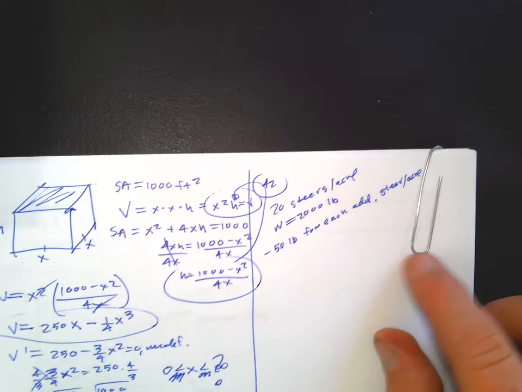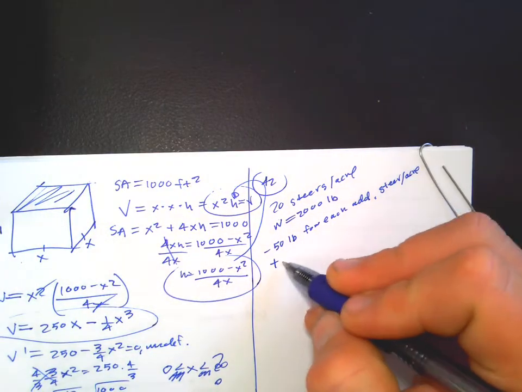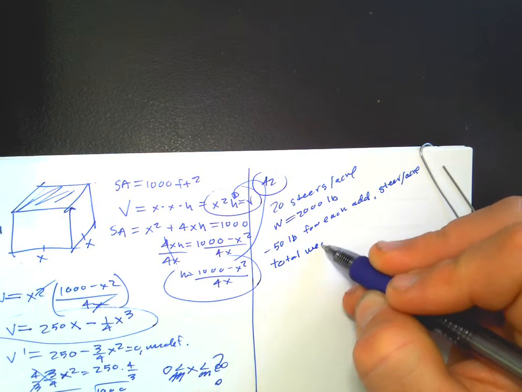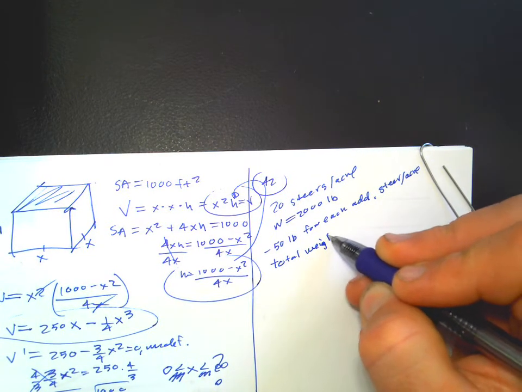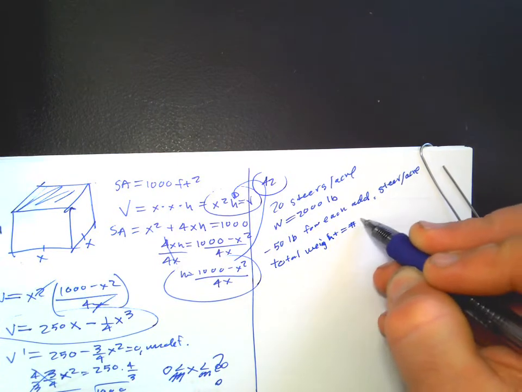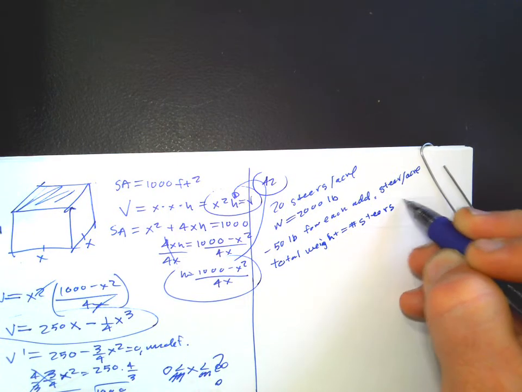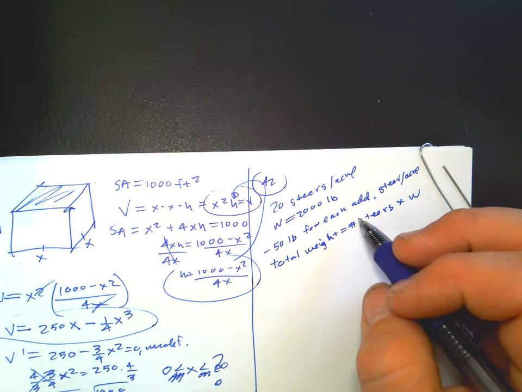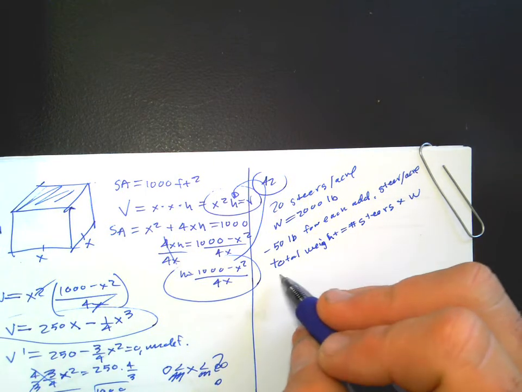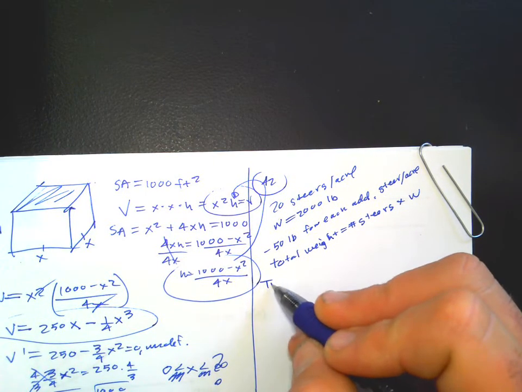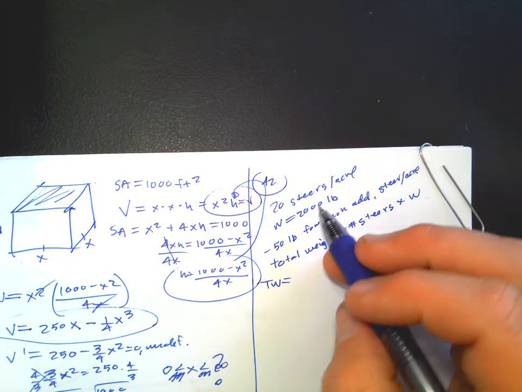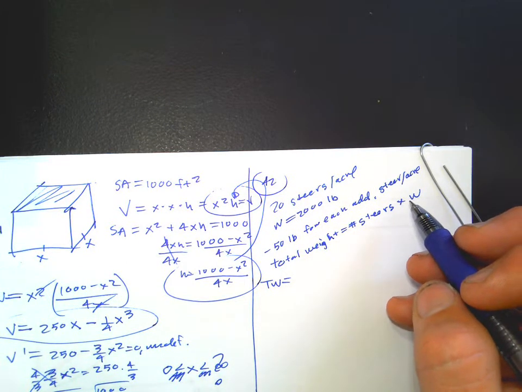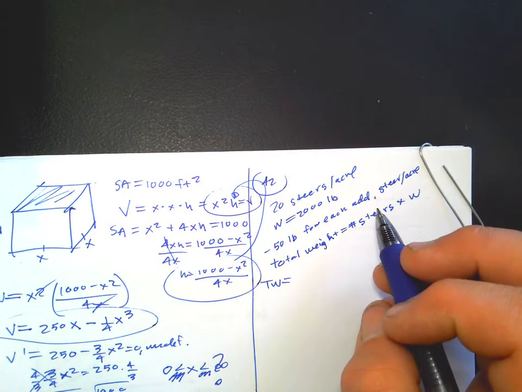So we've got to come up with some kind of equation. Total weight is going to equal the number of steers times their weight, right?